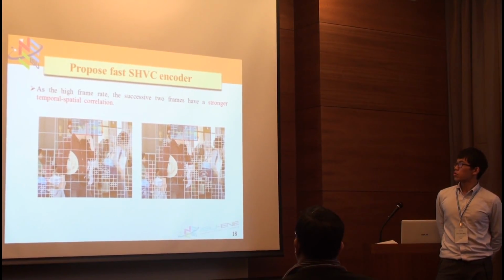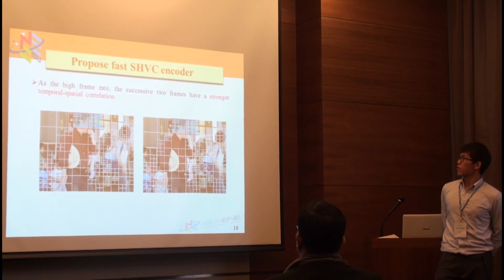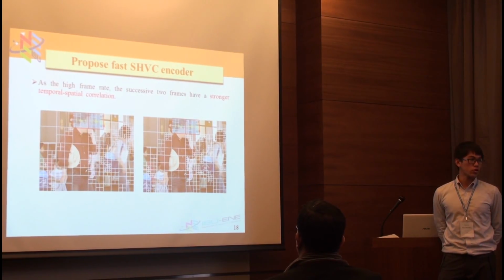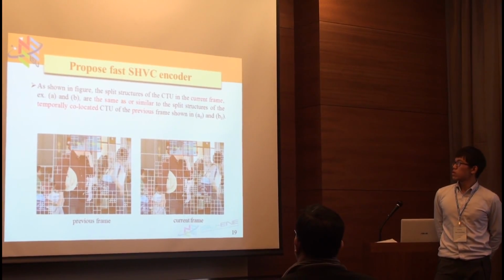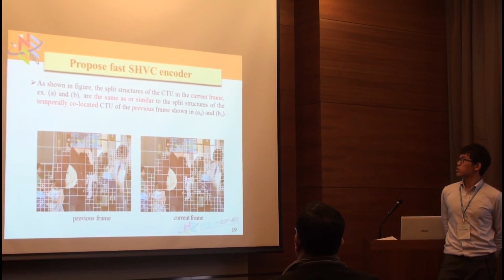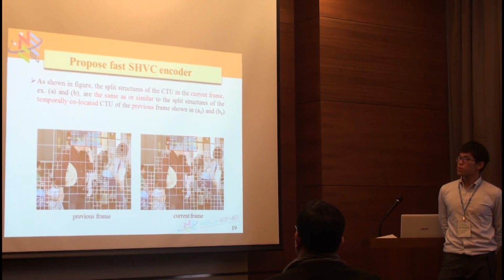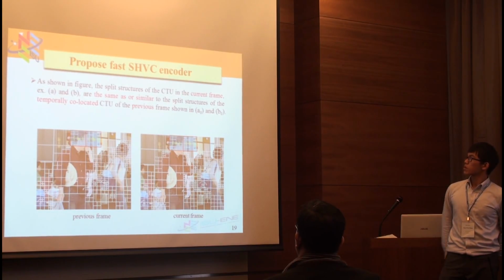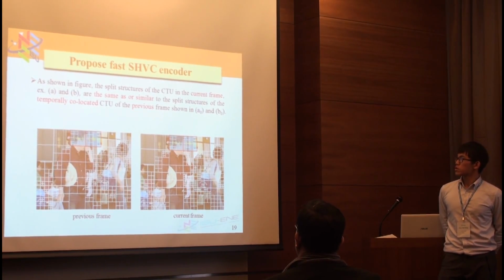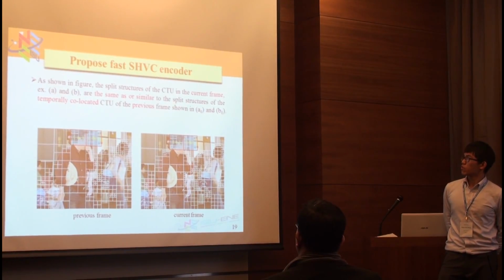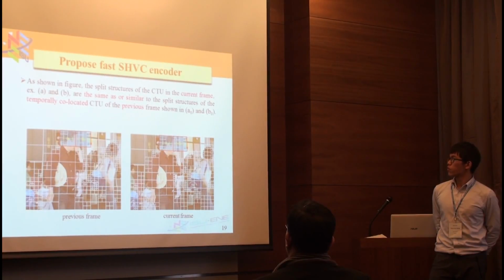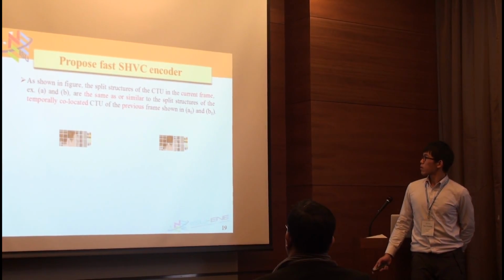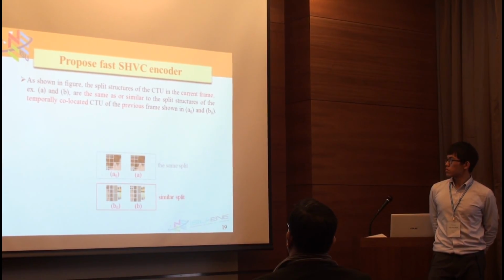With a high frame rate, successive frames have a stronger temporal and spatial correlation. As shown in the figure, the split structures of a CTU in the current frame, for example A and B, are the same or similar to the split structure of the temporally collocated CTU of the previous frame, shown as A0 and B0.